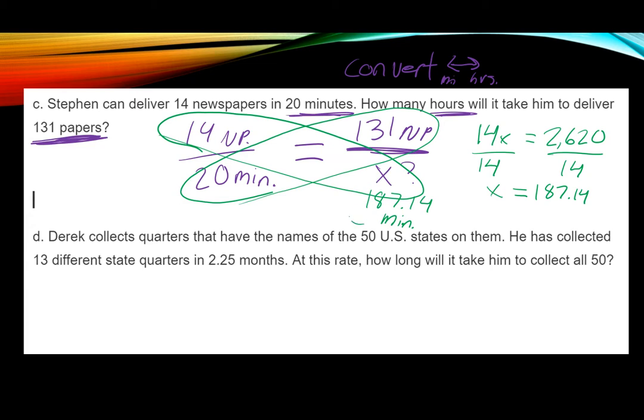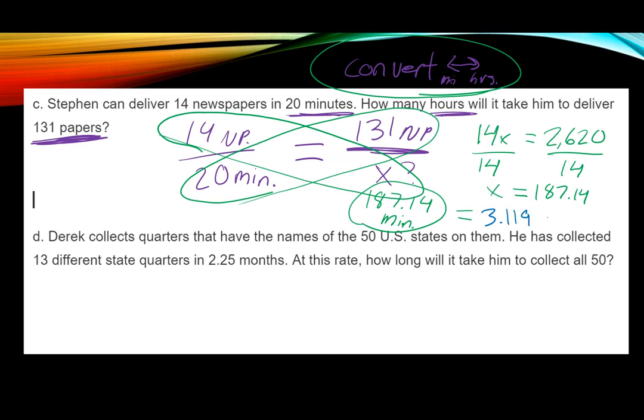But now I want to convert this into my hours, right? I have my little note there at the top. Can't forget to do that. So minutes to hours, I got to divide by 60 because there are 60 minutes in 1 hour. And that gives me a wicked decimal of 3.119.